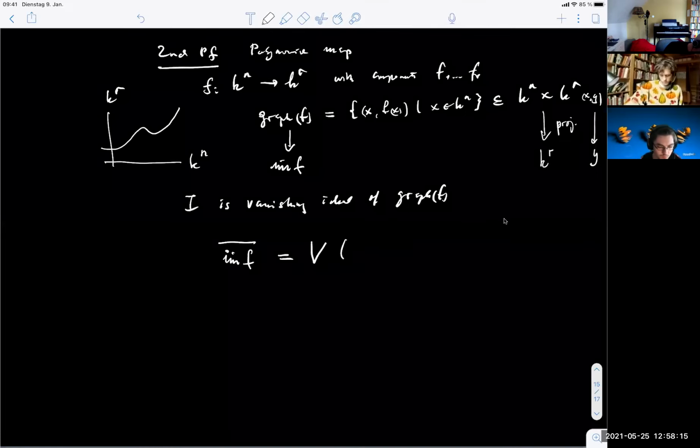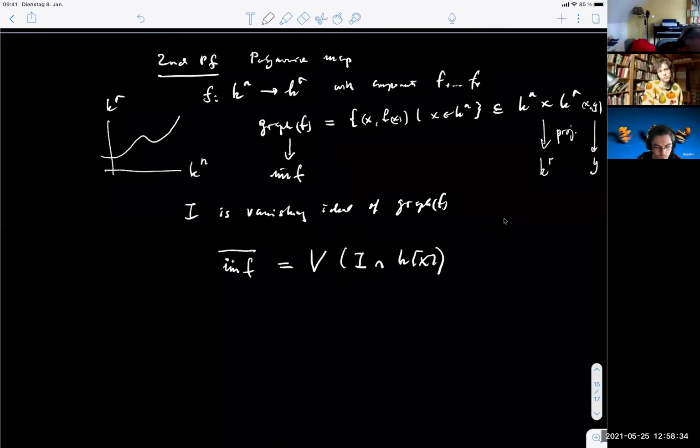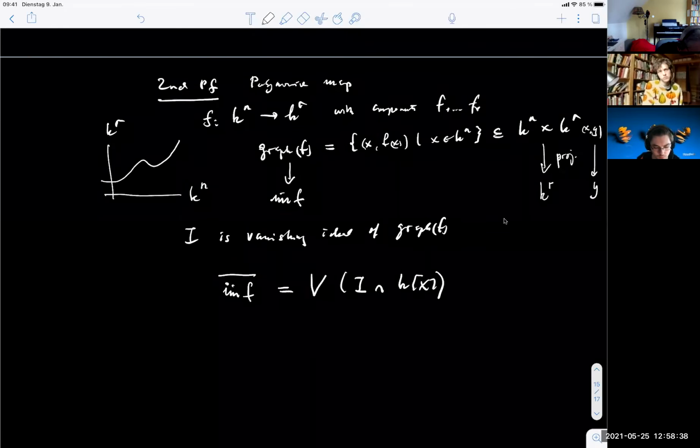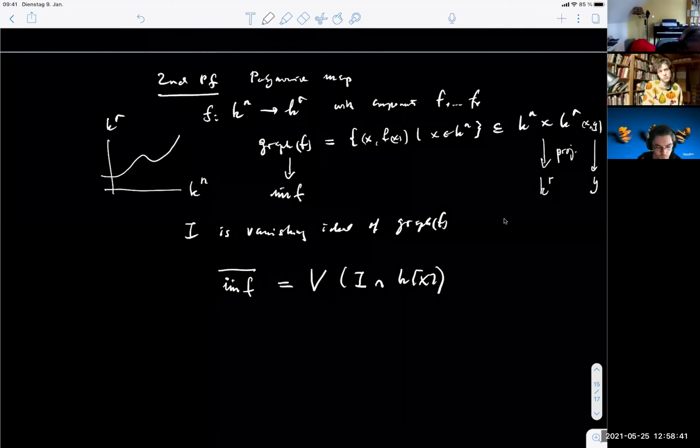And the elimination ideal is just I intersected with K[y]. Did I say it right? This is good.